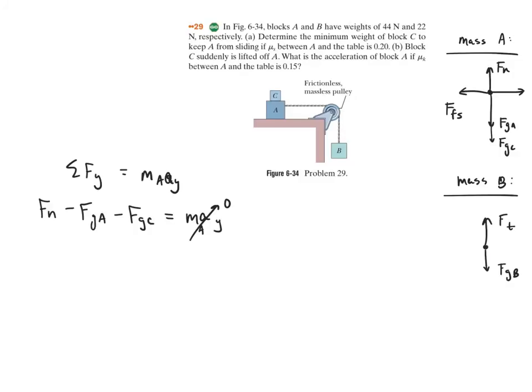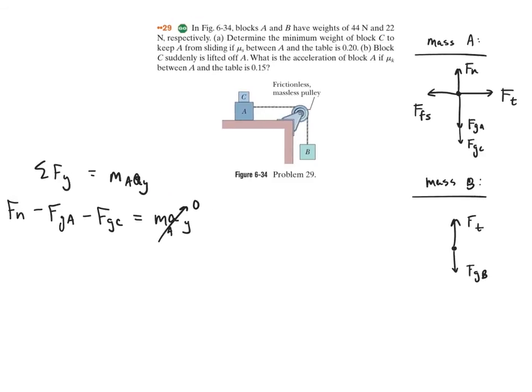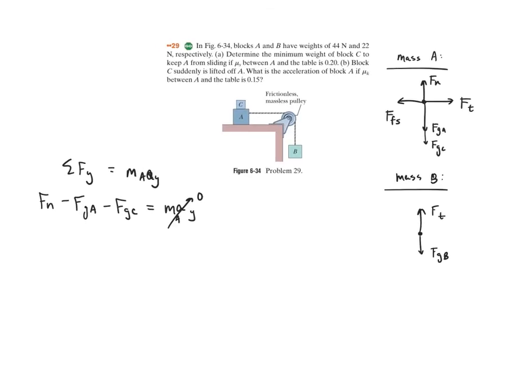Now, this is where it's going to get a little interesting when we look at this problem. In the x direction, we have to talk about what's positive and what's negative on our free body diagram, because it may not agree with mass B in a little bit. So I'm going to call this positive simply because it's showing the positive x.